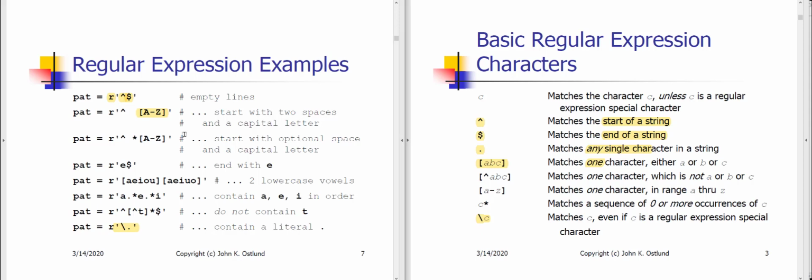So capital A is immediately followed by capital B, which is immediately followed by capital C, etc., and then eventually we get to capital Z. And there are no punctuation marks or other characters mixed in between capital A and capital Z. So we can say capital A dash capital Z rather than typing out capital A, capital B, capital C, capital D, and all the way to capital Z.